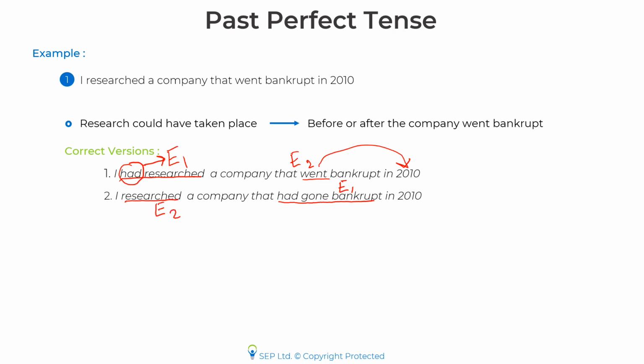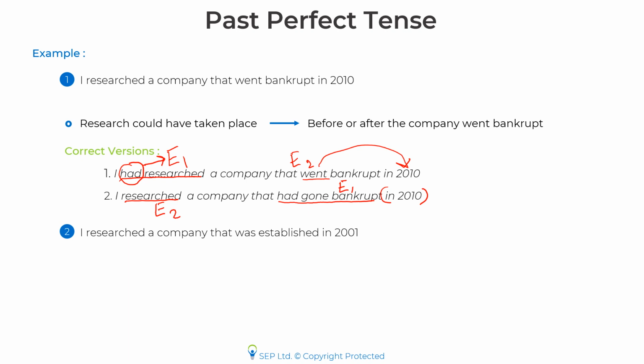So we use the simple past for the second event and we use the past perfect for the first event. In this case, even if we don't write in 2010, it is understood that the bankruptcy took place before the research took place. So these two versions are clearly telling us which event happened first, and this kind of clarity of communication is necessary.